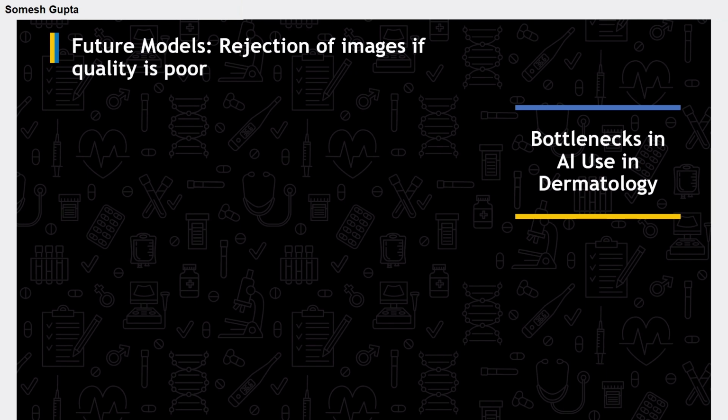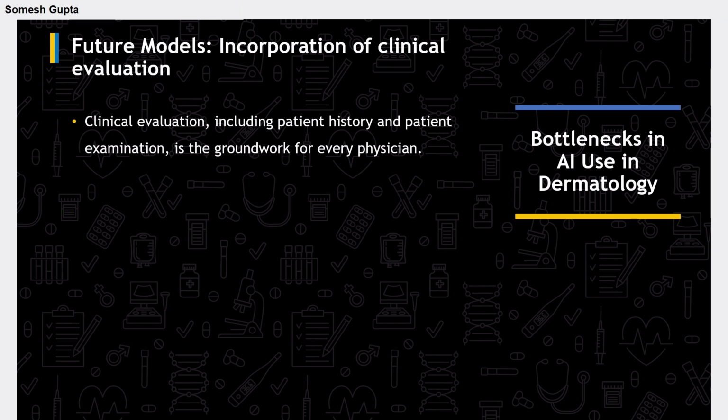So rejection, the first speaker already spoke on this in detail. I will not go into the detail, but it is very important that the image is of good enough quality for analysis by the algorithm, and rejection is so important. The AI model should reject the image if the quality is not good enough. Apart from that, incorporation of clinical evaluation. When we tried to do it, our sensitivity went down.